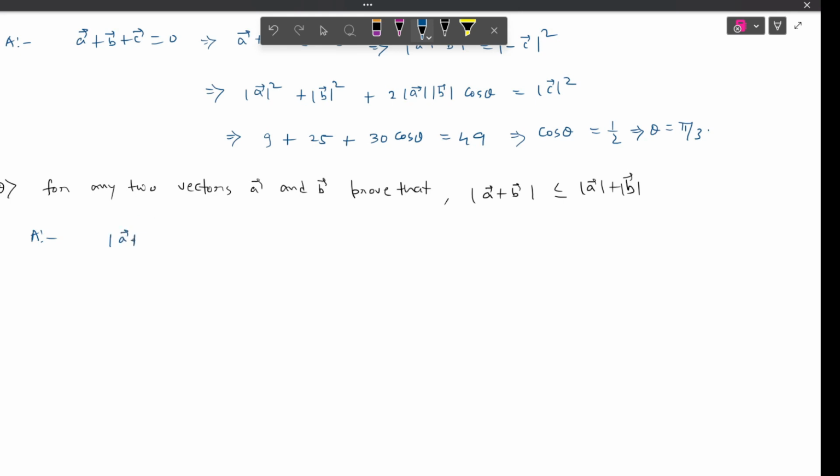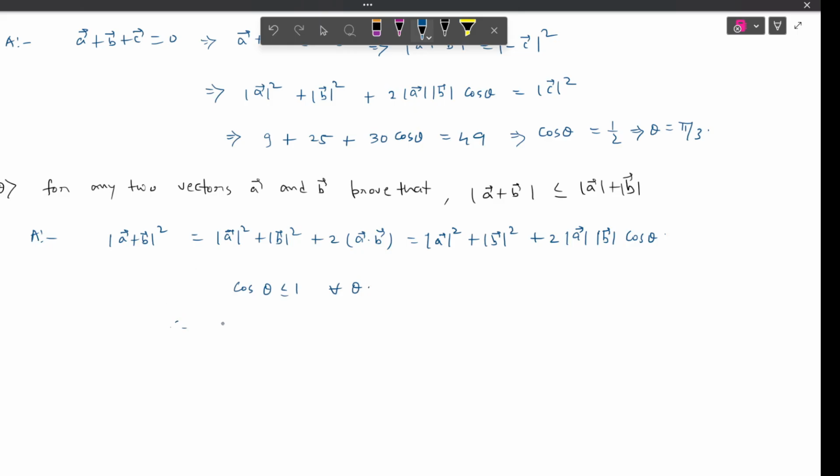We know that mod of A plus B square is mod of A square plus mod of B square plus twice A dot B. And it is mod of A square plus mod of B square plus twice mod of A mod of B cos of angle theta. Now we know cos of theta is less than or equal to 1 for all theta.